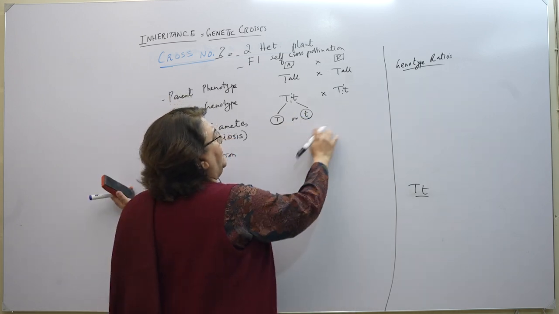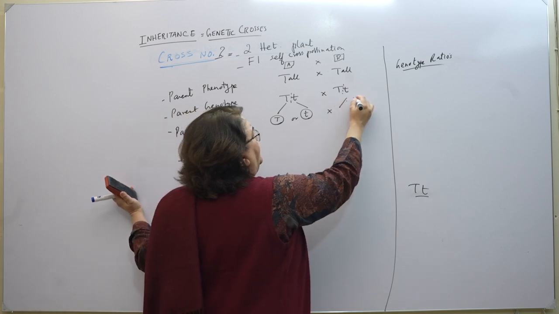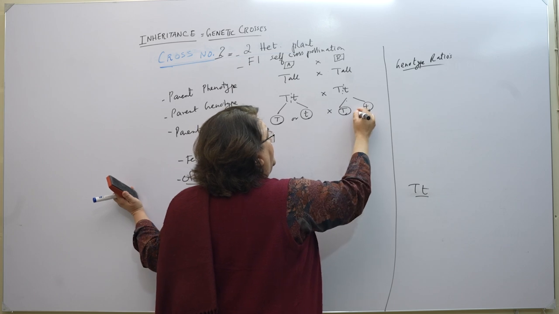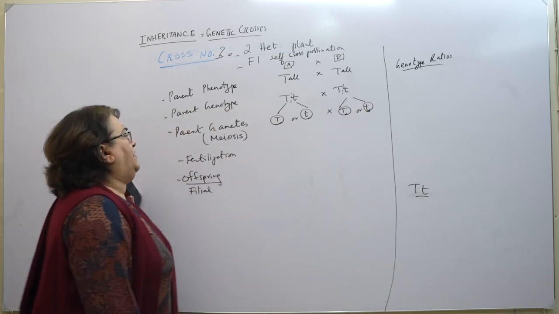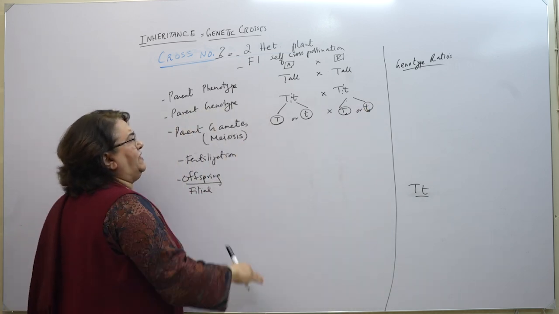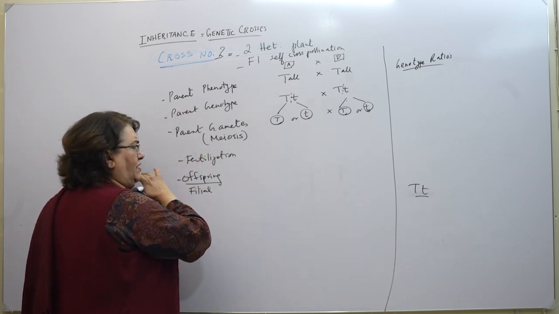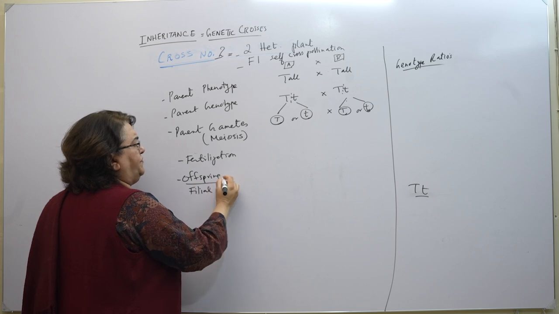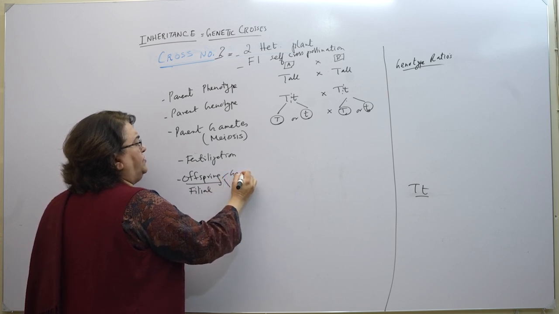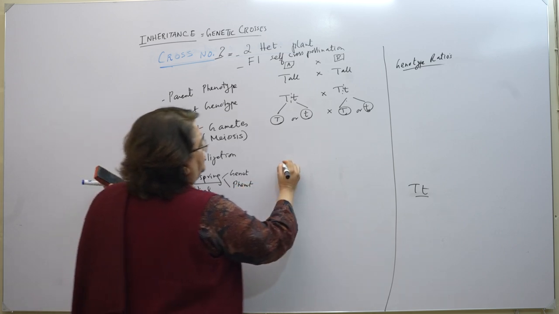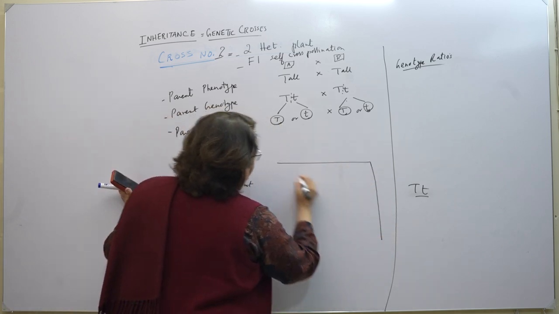The same will happen in plant B, that they will either have this or this. So write down a small or. After this, they'll be fertilizing, this will be fertilizing this. So for fertilization, we'll draw a Punnett square showing the offspring, both genotype and phenotype. So draw the Punnett square again.